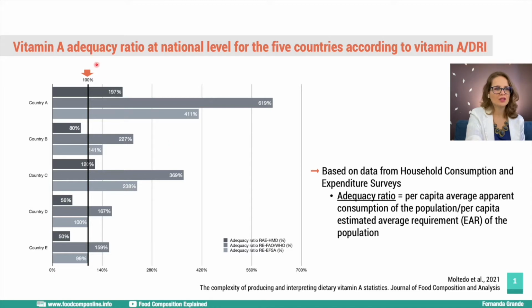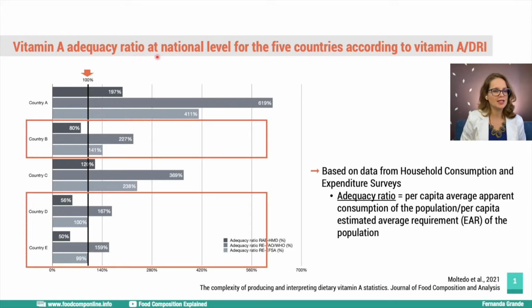If we look at the line showing the 100% adequacy ratio for the 5 different countries, we can see that our conclusions would vary a lot depending on the vitamin A definition and also the dietary reference intake that we use.